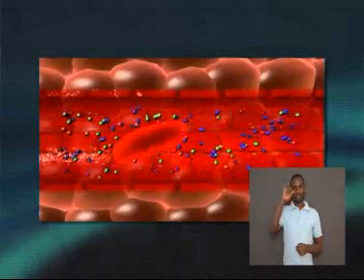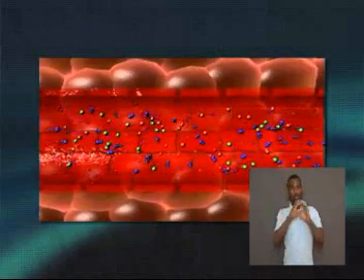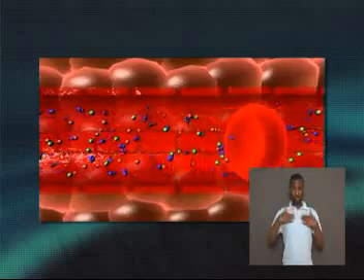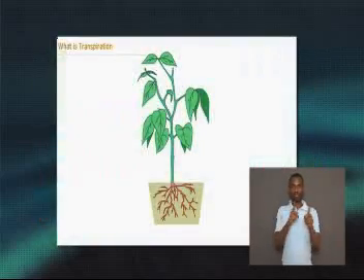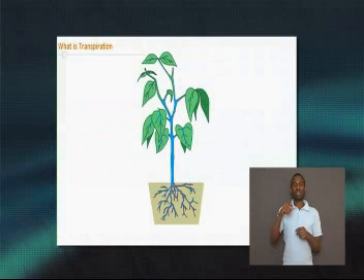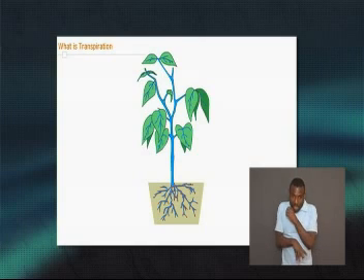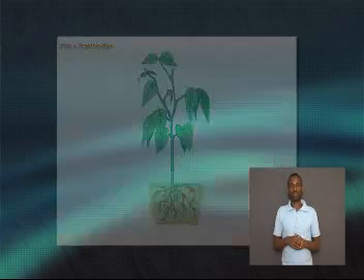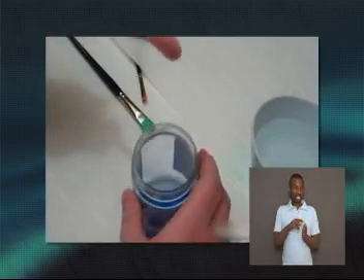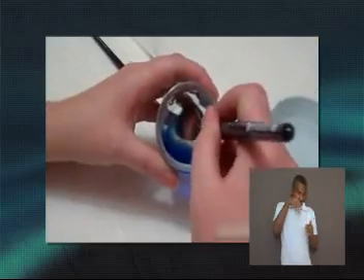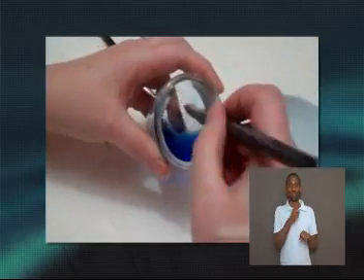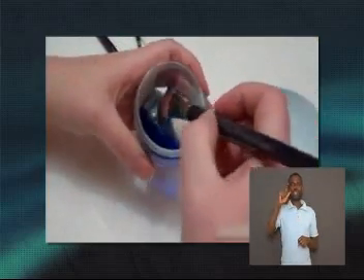Capillary vessels in our bodies draw blood cells into our tissue. Plants use capillary action to draw water into their roots and up into their stems. Dipping a paintbrush into a glass of water draws water into the bristles through capillary action.